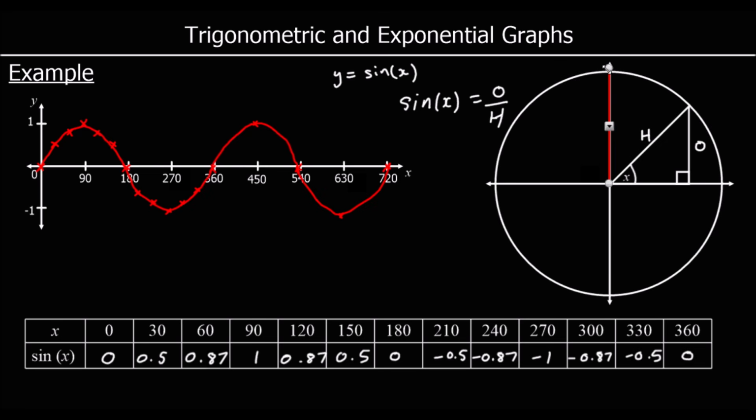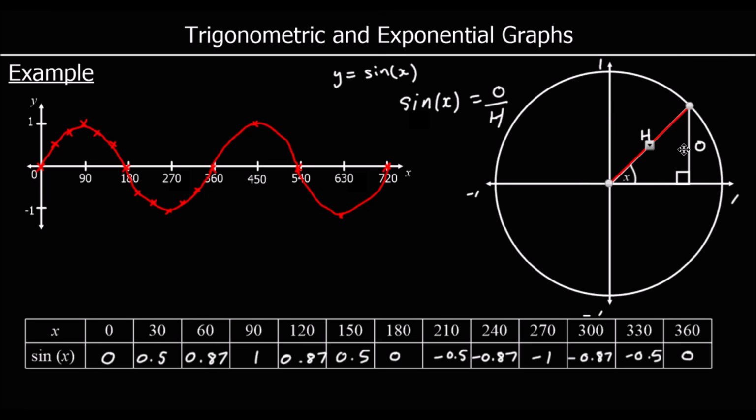But then imagine you kept going round. So if this hypotenuse is 1 unit long, think of it as 1 centimetre if you like, we could rotate it around in a circle, and the hypotenuse would always be 1 centimetre long, no matter where we were in the circle.